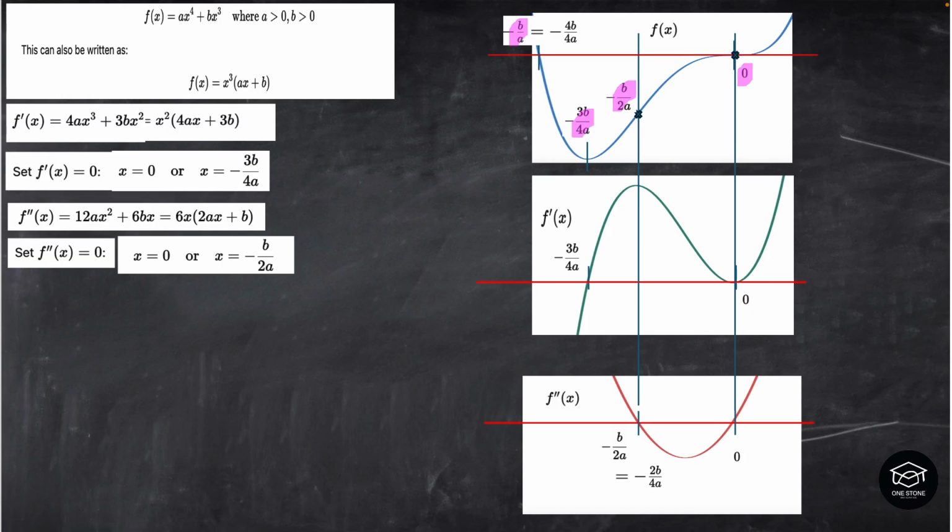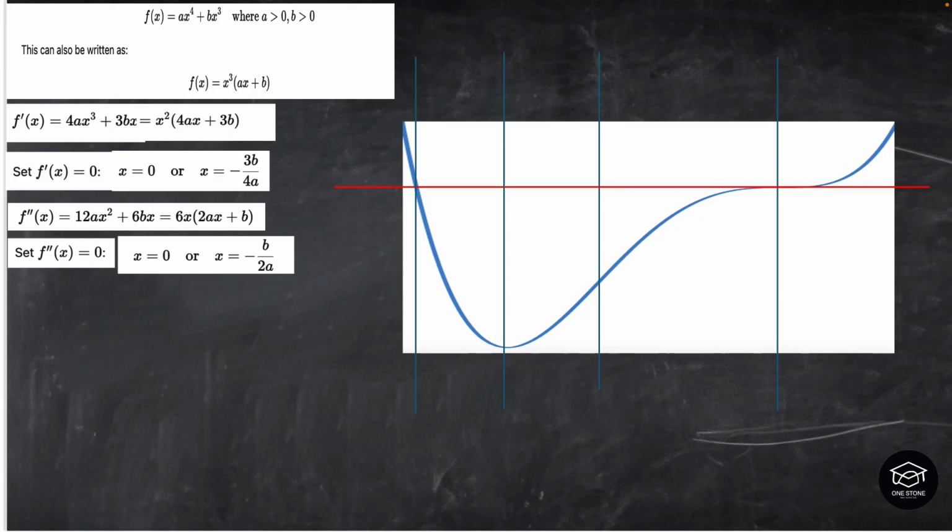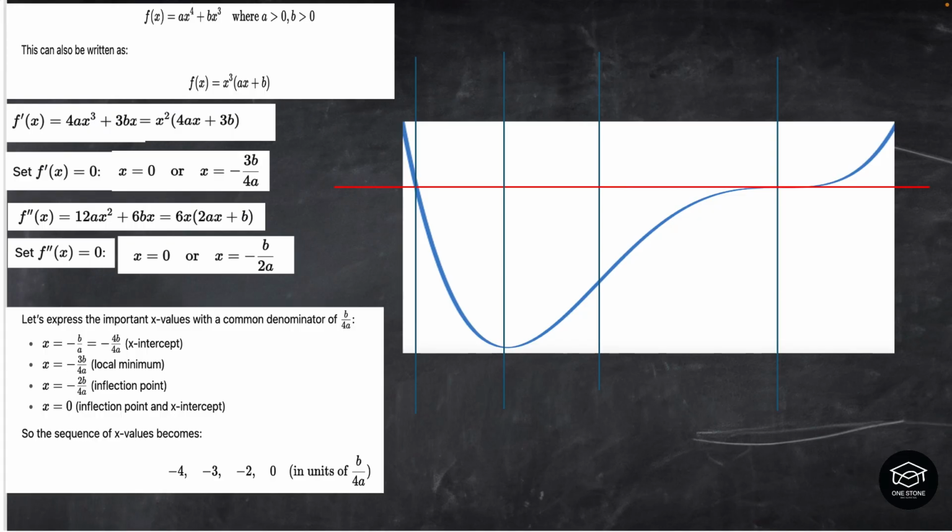To better compare these, we express all of them using a common denominator. That gives us negative 4b over 4a, negative 3b over 4a, negative 2b over 4a, and 0.